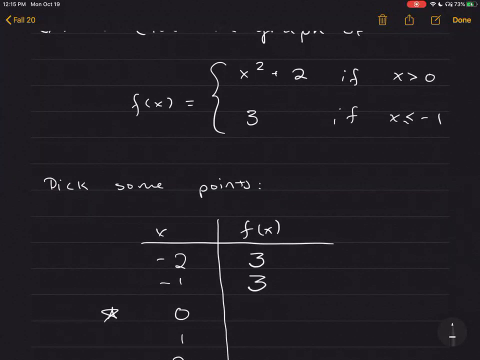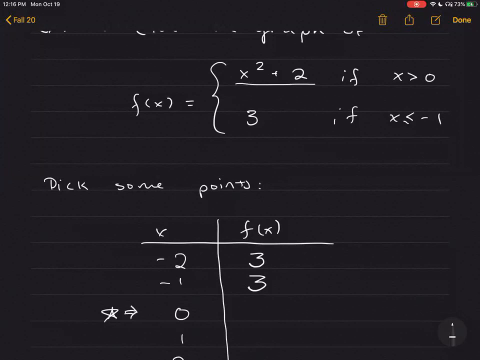For 0, you'll notice the function isn't actually defined at 0. However, the x squared plus 2, the polynomial that the function is equal to everywhere above 0, is defined at 0. So while we can't really plug 0 into this function to plot a point, we can look at where x squared plus 2 would be if it were 0.